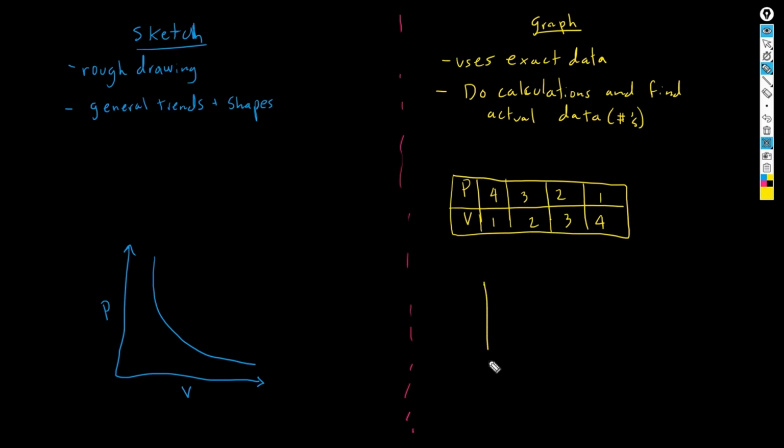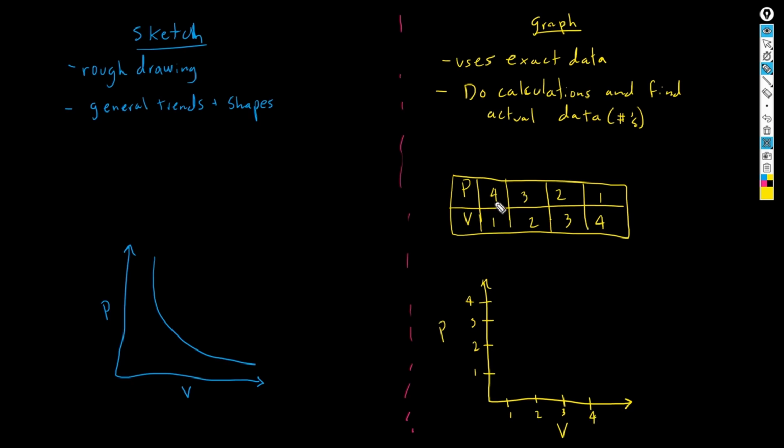So I will have to actually, in a graph, plot those individual points. So this is 1, 2, 3, 4, 1, 2, 3, 4. I'll have to have axis numbers. I'll have to have an axis label. So pressure versus volume, 1, 2, 3, 4.